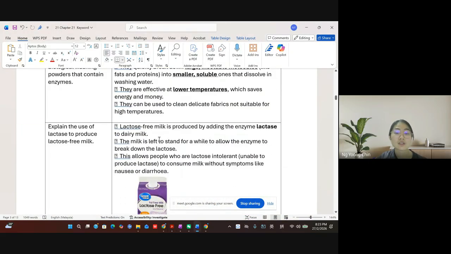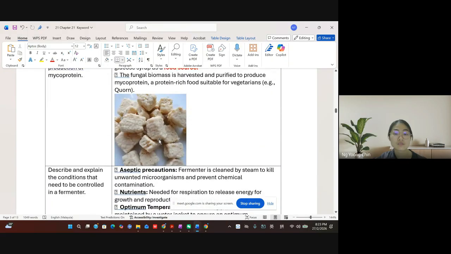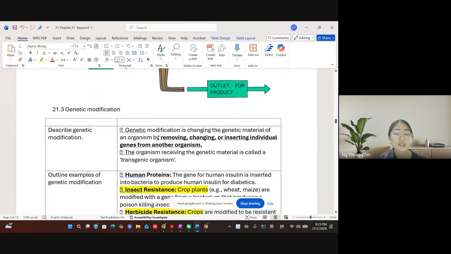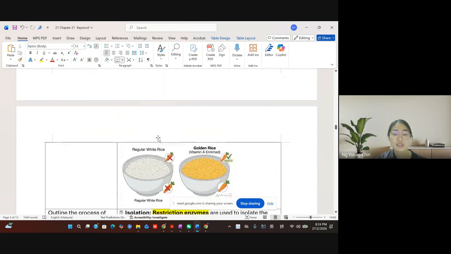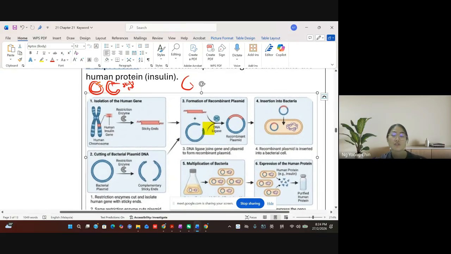I think it's here. Okay, what is this? Yeah, actually I already put that here. You can read it again. This one, okay. So just remember those few processes. You have a restriction enzyme, and the enzyme will cut the human gene. They will also cut the bacterial gene.